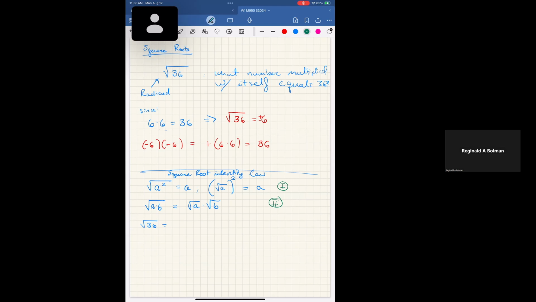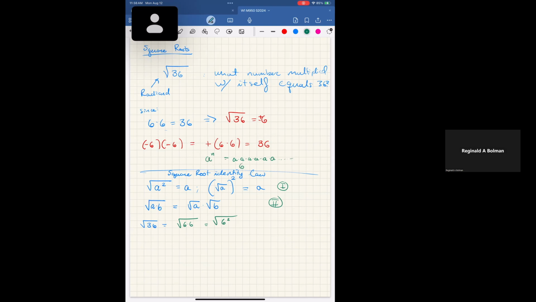So for example, we could have rewritten 36 as 6 times 6, which we already know. We know that 36 is 6 times 6, okay? But the reason we would like to rewrite it as 6 times 6 is that 6 times 6 is 6 squared. Remember, anytime you have a number multiplied with itself a number of times, we just say that number is raised to some power.